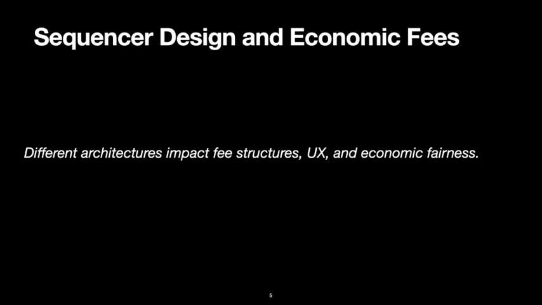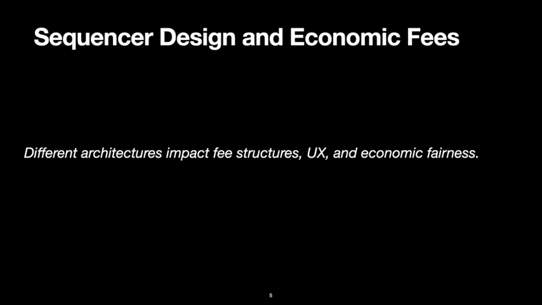However, what that means is that we still have to worry about censorship resistance and the liveness of the rollup. The rollup is useless if it is completely secure but doesn't do anything.